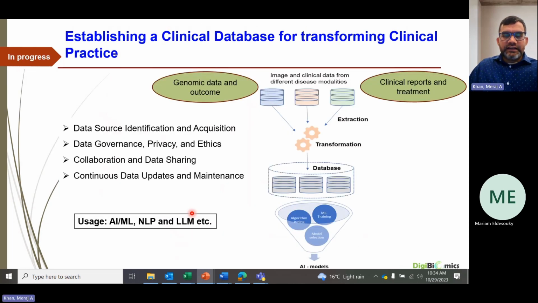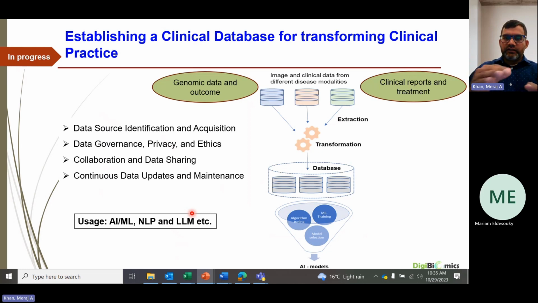So this is the other big aspect which we are trying to do, because for any AI related project, we need data, and data is a challenging aspect. So we want to develop a kind of data bank, like blood banks. In that data bank, we are going to collect data related not only to disease, but based on anatomical locations: chest data, abdomen data, heart data, brain data.